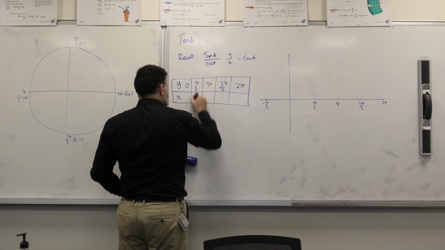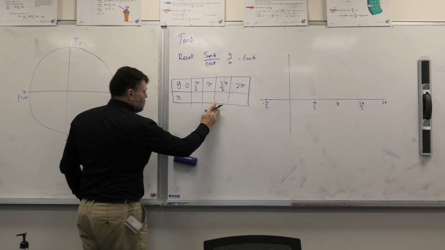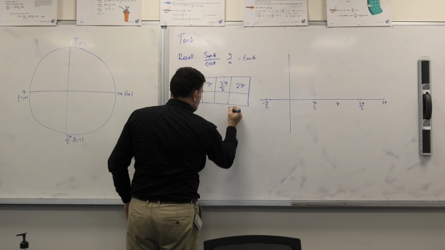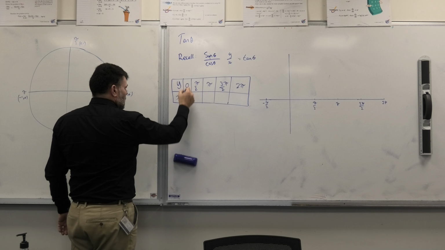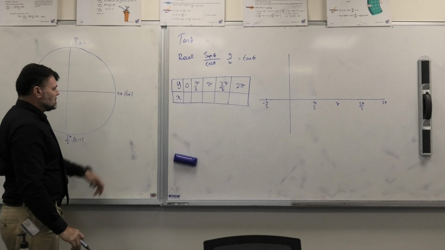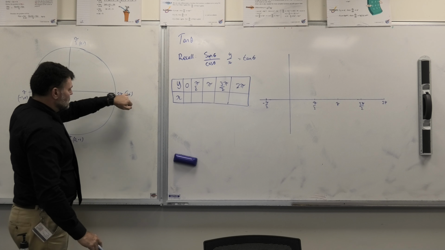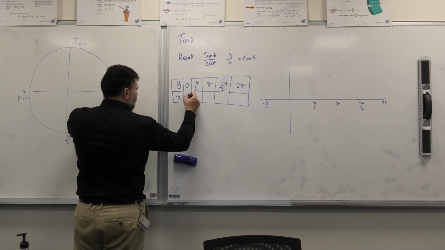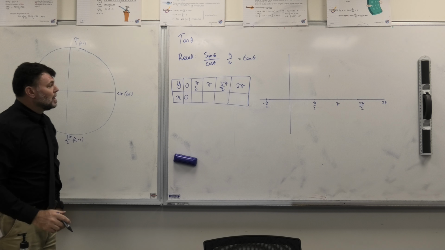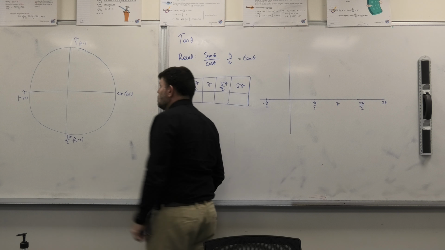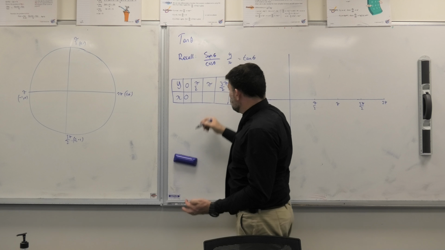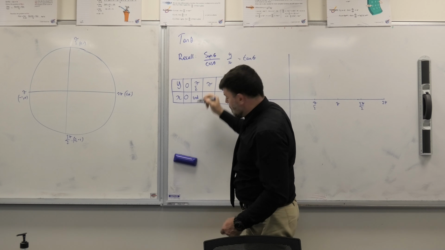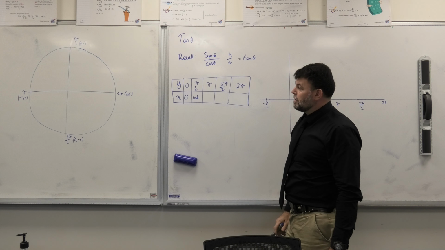What we're trying to work out here is, when we get to those points, what would be the result of when I divide y by x? So at 0, y is 0, and 0 divided by 1 would give me 0. We come up and look at pi on 2, y on x again. So 1 divided by 0, well, anything divided by 0 is considered undefined.